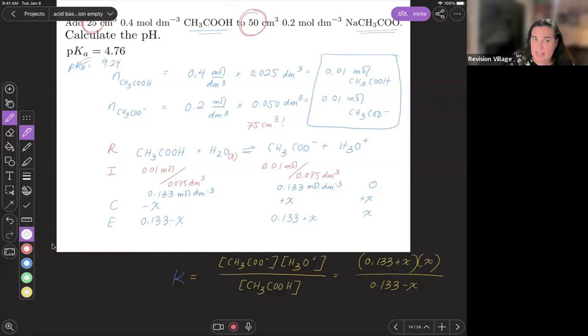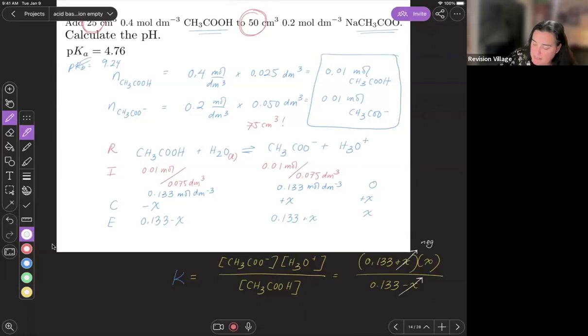I have a weak acid and a weak base, and the base is actually going to make it harder for the acid to hydrolyze. So X is going to be an even smaller number. So I'm going to assume that X is small compared to 0.133. And when I do that, I assume it both in the numerator and the denominator.